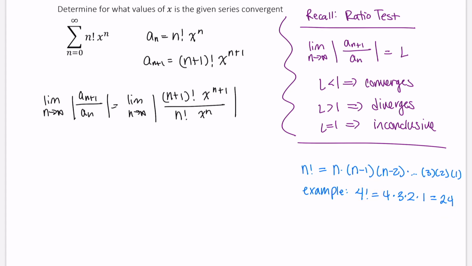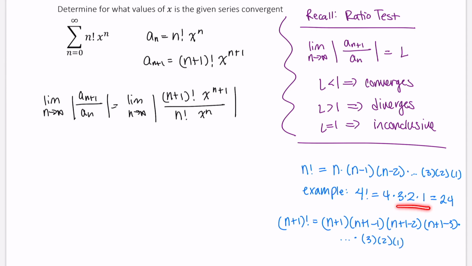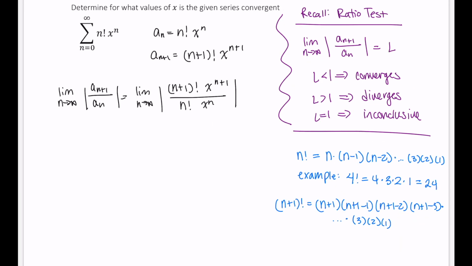All right, so now that we've established n factorial, what is n plus 1 factorial? Well, that's equal to n plus 1 times n plus 1 minus 1 times n plus 1 minus 2. I'm going to do one more times n plus 1 minus 3. And then I'm going to keep multiplying dot, dot, dot until I get to 3, 2, 1. Eventually, you keep subtracting and you'll get to 3, 2, 1. So let's simplify this.